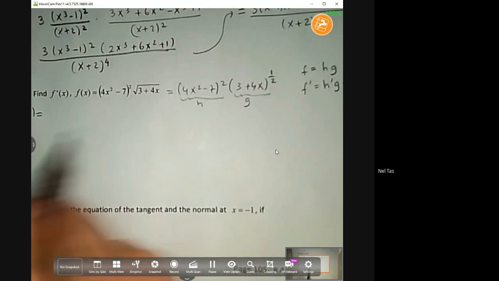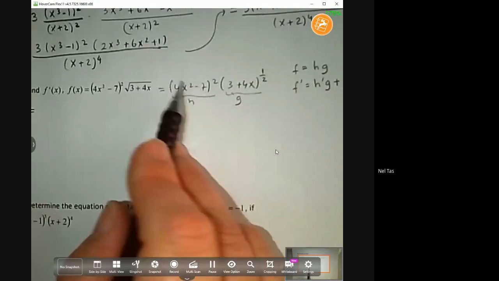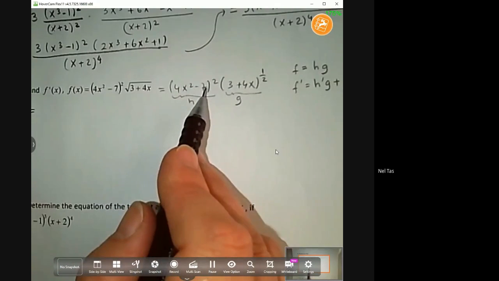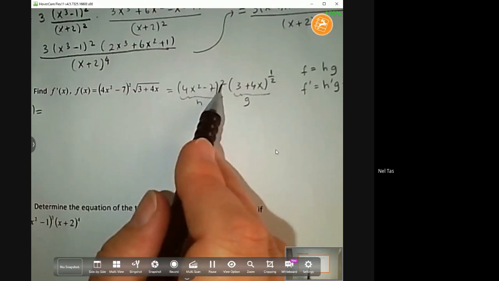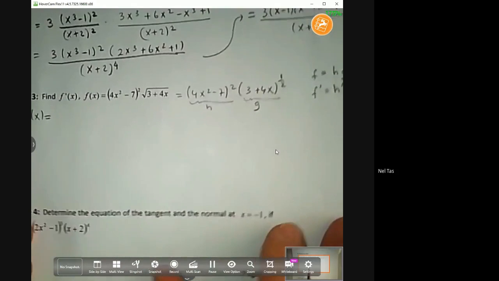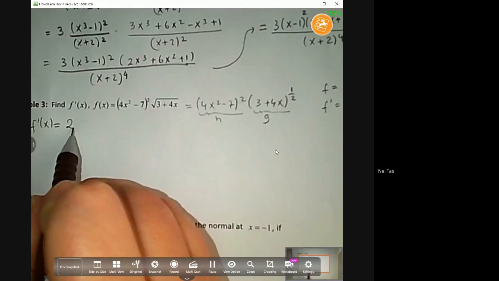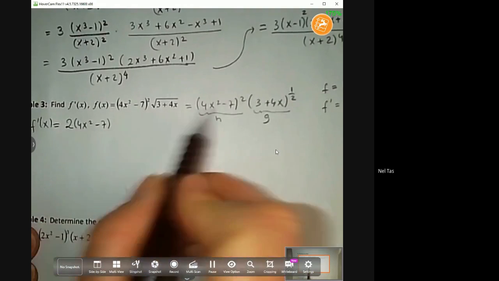So derivative of h, that's what we need, right? Derivative of h. So we are taking the derivative of 4x squared minus 7 squared. So since this has a square here, you will have to apply the chain rule. So that gives you, drop the exponent in front, keep the bracket as it is, decrease the exponent by 1.